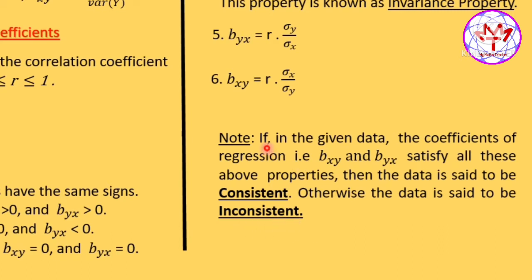See over here, if in the given data, the coefficients of regression, that is bxy and byx, satisfy all the above properties, then the data is said to be consistent. Otherwise, the data is said to be inconsistent. That means if even a single property is not satisfied by the given data, the data will be said to be inconsistent.